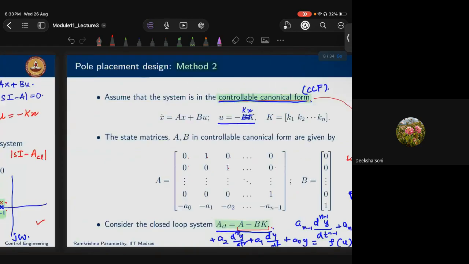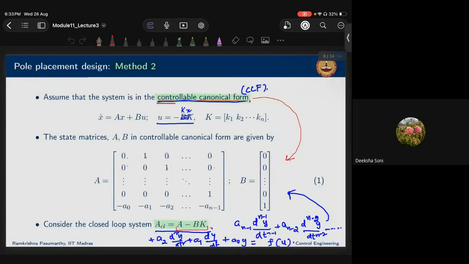The second method is based upon the controllable canonical form. Basically, controllable canonical form means you can see this differential equation below. Can you see this differential equation? Yes, sir.